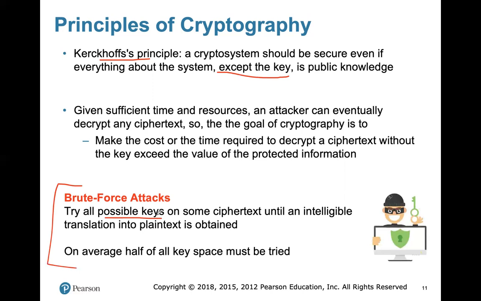It means that all possible keys are going to be applied one by one to the encryption system by the attacker in order to get the ciphertext decrypted. Of course, the attacker doesn't know which one is the key. For example, if your key is 64 bits, you're going to start from all 0 all the way to all 1, which is of course a very big number.